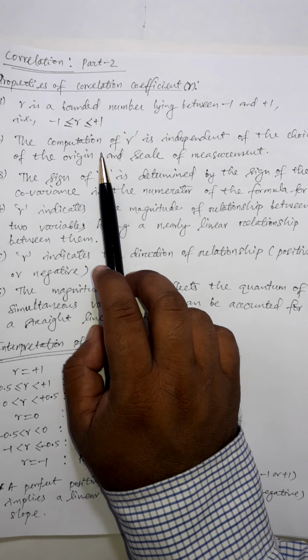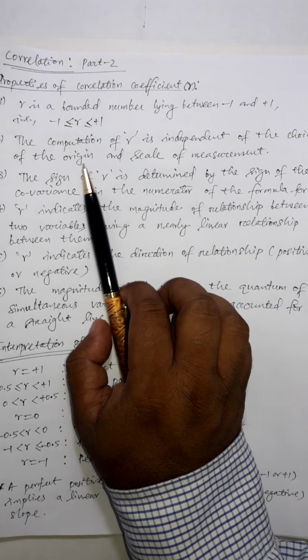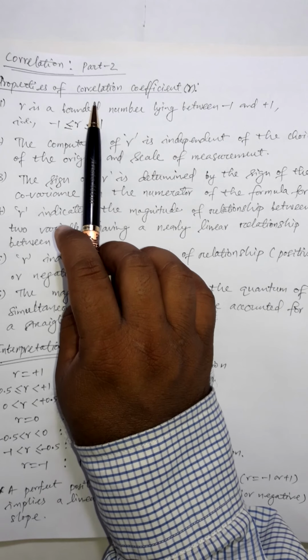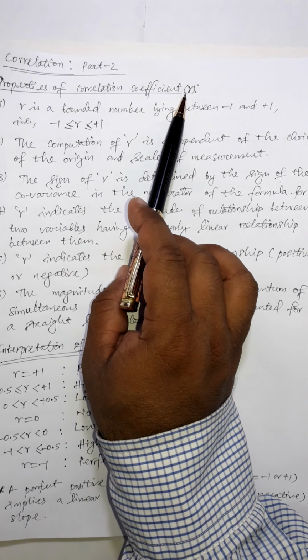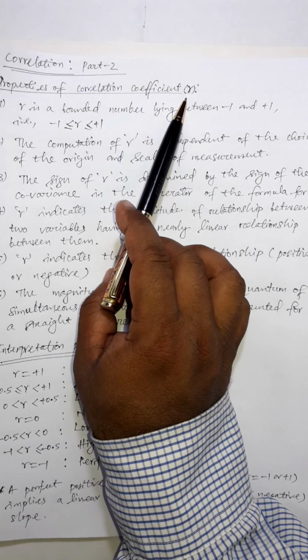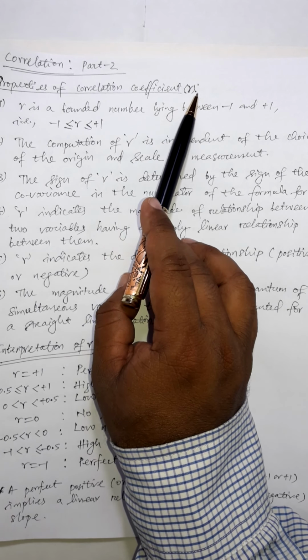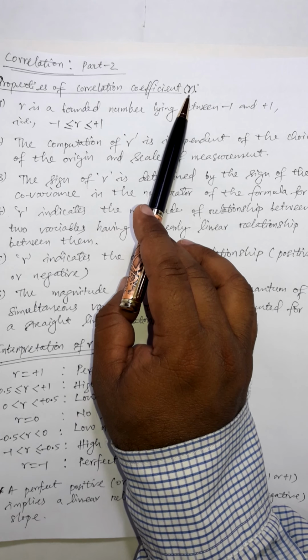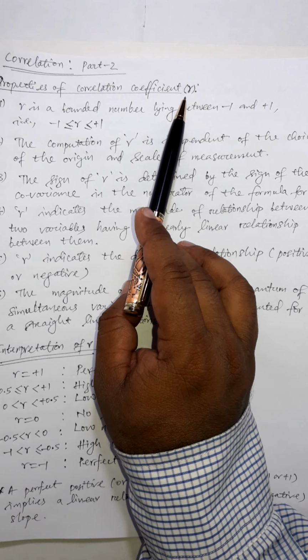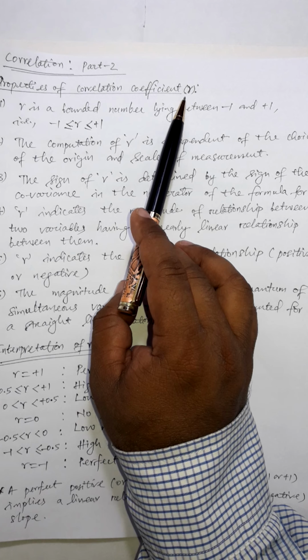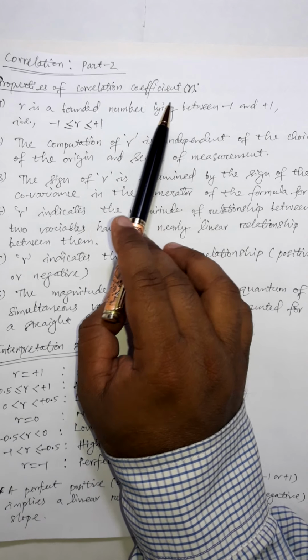So let's start our discussion with the properties of the correlation coefficient. And you know friends, the symbol of the correlation coefficient is either R or the symbol rho. So let's keep the symbol R for our discussion for now.